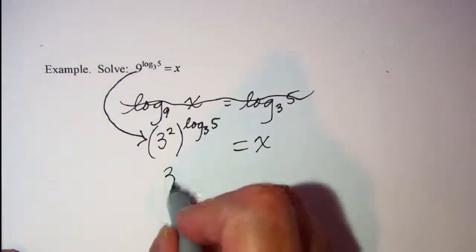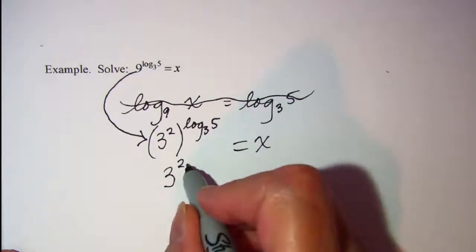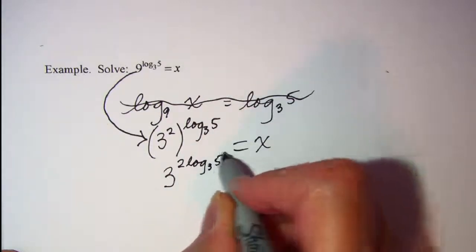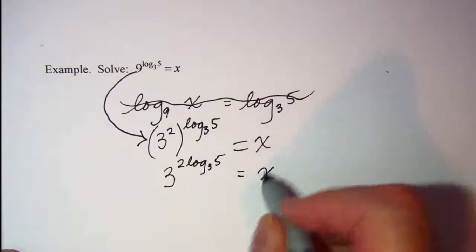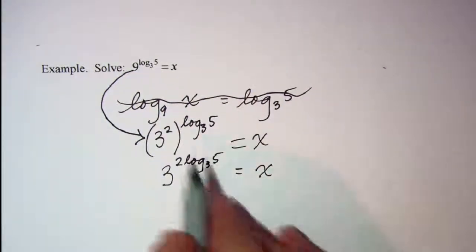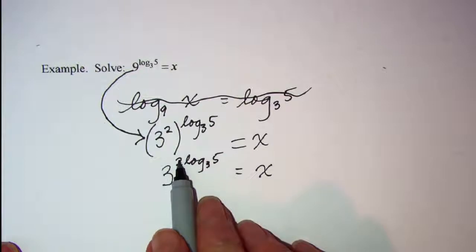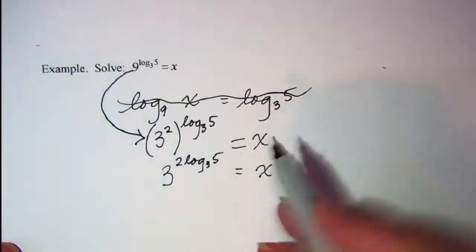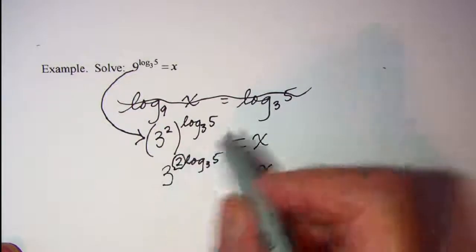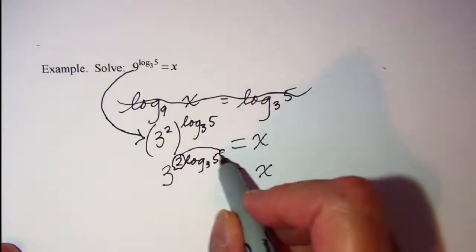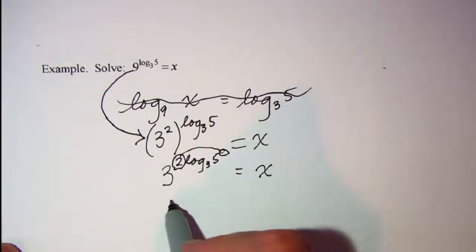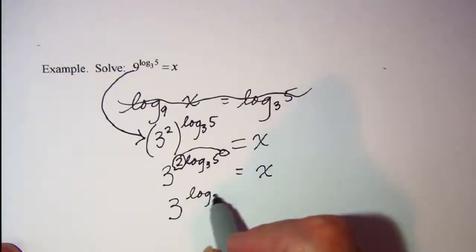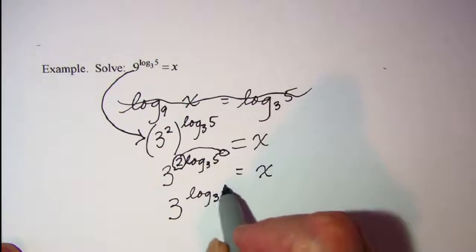So this is 3 to the 2 times log base 3 of 5. And then I know that this 2 can be brought up as the exponent on my 5, on my argument. So I'll rewrite that: 3 raised to the log base 3 of 5 squared.